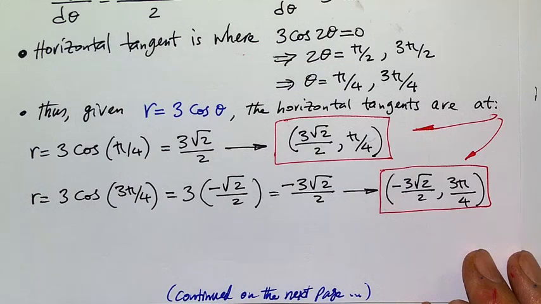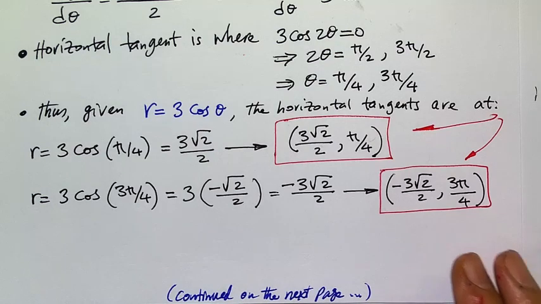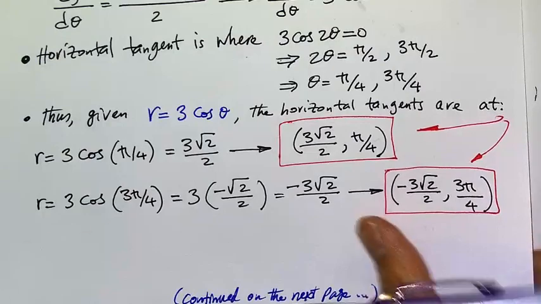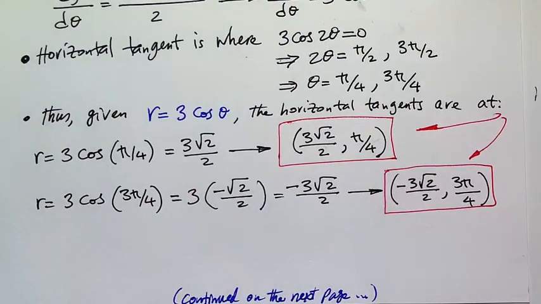Now we have to look for the vertical tangents for the same polar equation. Let's do that here.